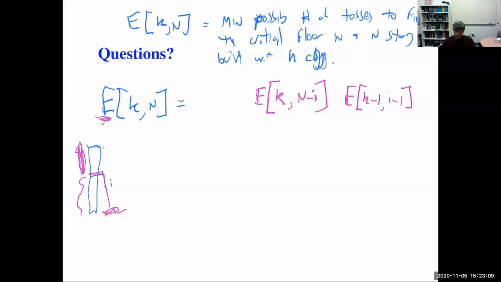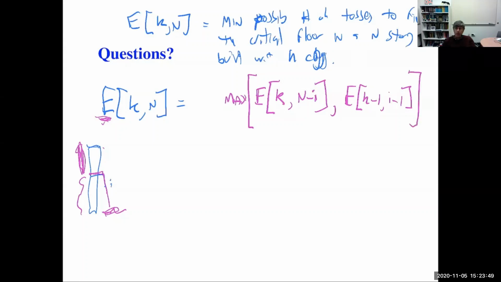Okay. Now, which of these is bigger? If you think about the worst case time, we worry about which of these is bigger, right? Which one of these is bigger? Can you tell? I claim it depends upon what i is, and I have no way to tell, right? But what if I say max of these two?